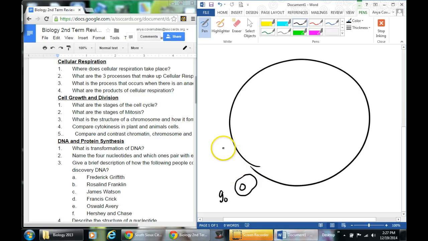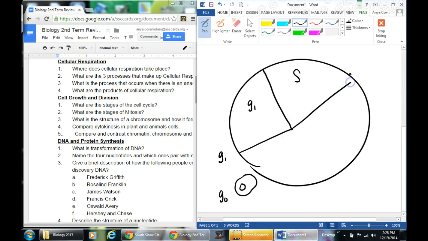What comes after G0 is our G1 stage, and this is the first stage where the cell grows and becomes bigger because it just got reproduced out of mitosis. And so G1 is going to be used for the cell to reproduce organelles and start producing proteins. The next stage of the cell cycle is what we call the S phase.